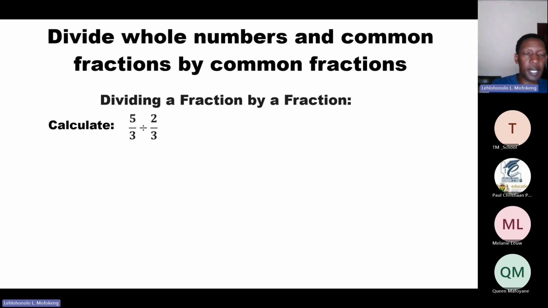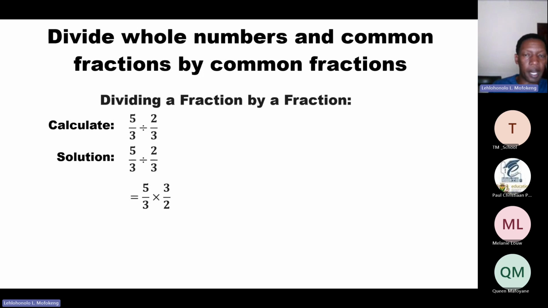So we are now dividing the fraction 5/3 by 2/3. Remember, the first thing that we need to do is to multiply by the inverse of the second fraction. The second fraction is 2/3.